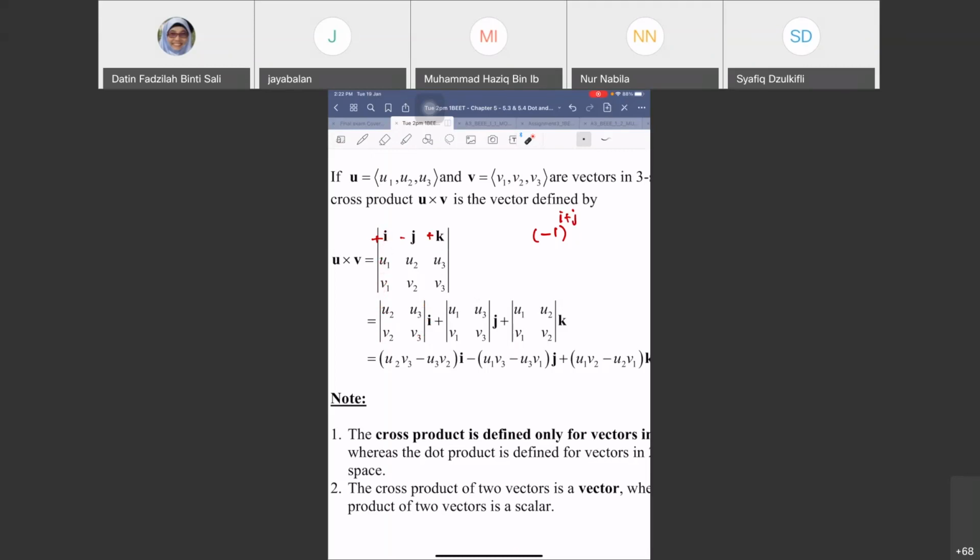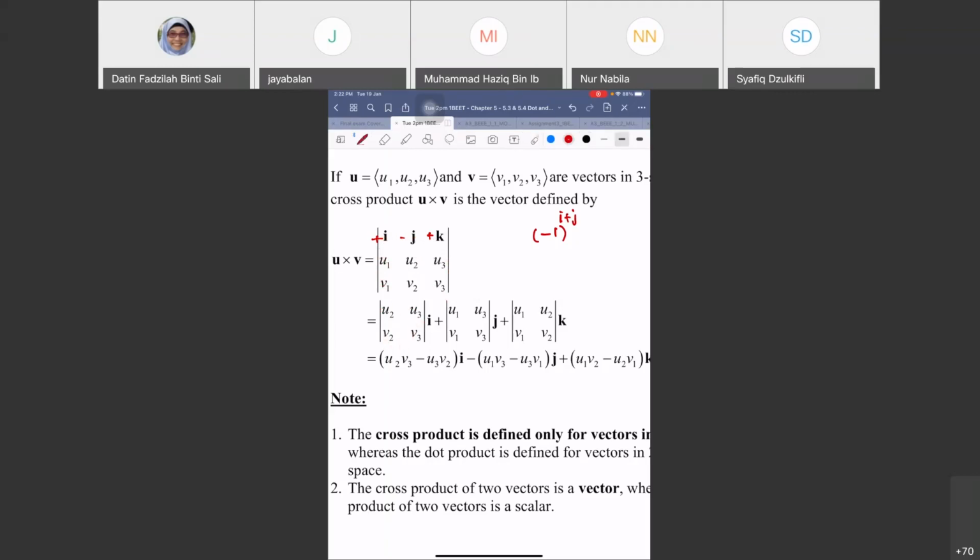With a matrix last time, we deleted the first row and first column, but in this case the first row is just our unit vector, so it doesn't affect anything. You just cover the i column, then you have u2, u3, v2, v3 as your minor, your 2 by 2 determinant.